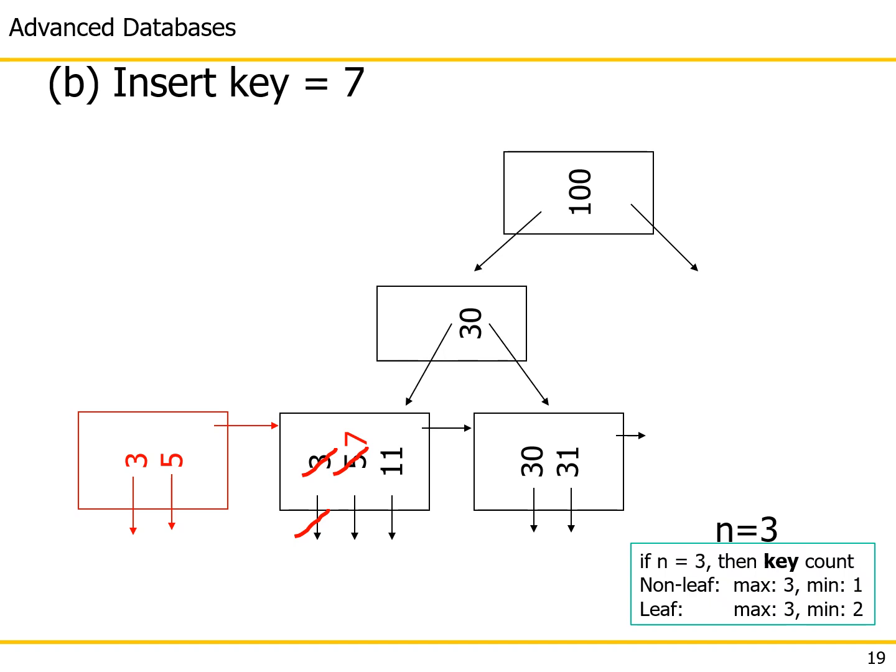In insertion, as a rule, we will always favor creating new nodes. Let me repeat that. In insertion, as a rule, always remember this. We will always try to create new nodes first. Why?